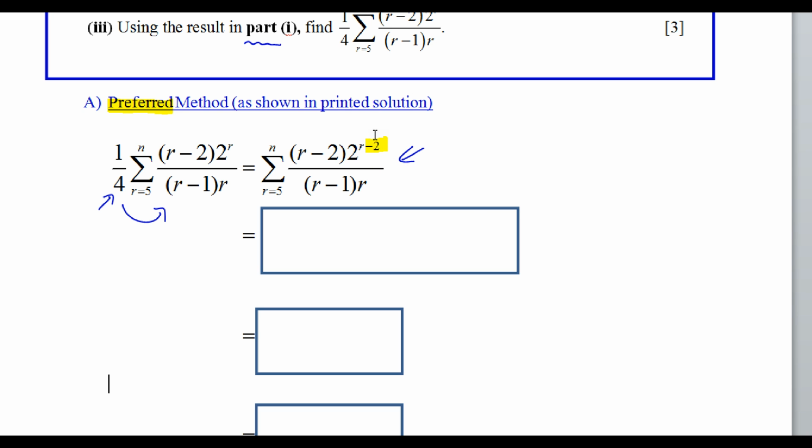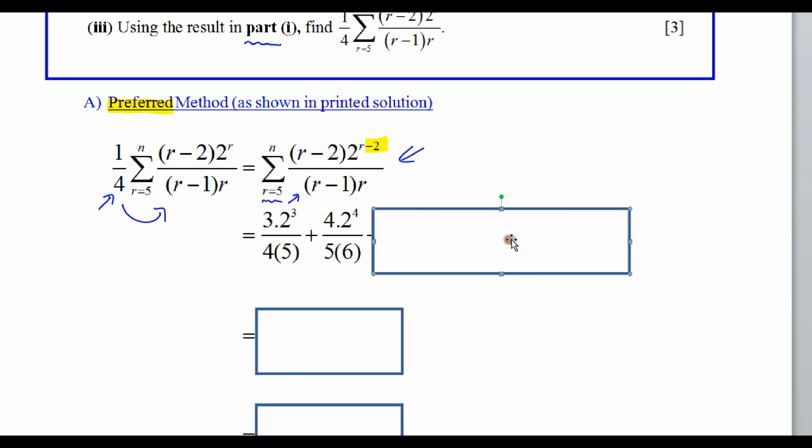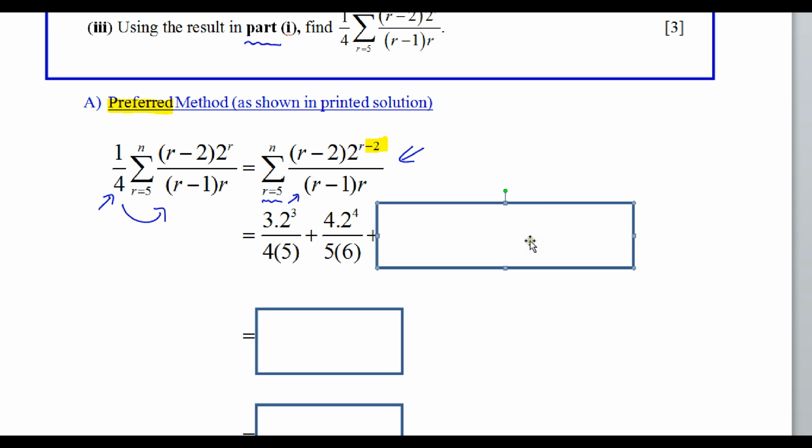First term is when r is equals to 5. So you substitute r equals to 5 into this, and you get a first term, which is this. No problems. Then you sub r equals to 6, you get a second term. And on, r equals to 7, 8, 9, 10, all the way to r equals to n.